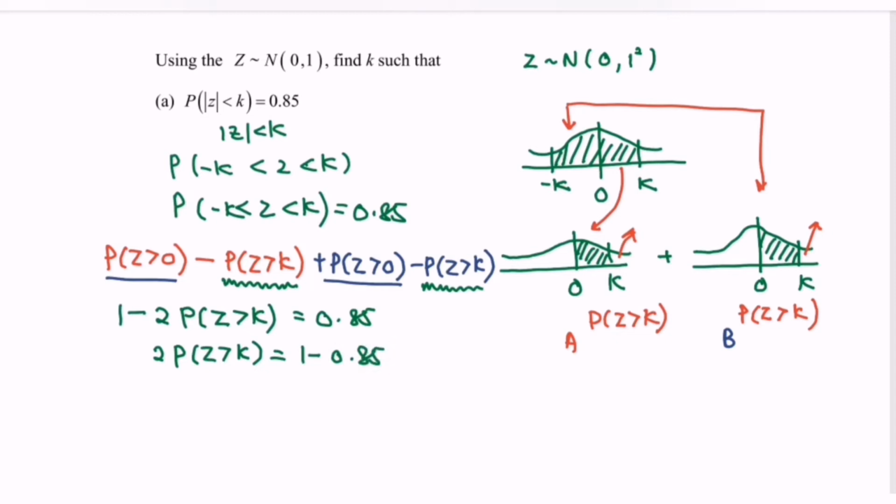If we simplify the situation, we will have 2 multiplied by the probability that Z is greater than K equals 0.15. So the probability that Z is greater than K equals 0.15 divided by 2, and we will have 0.075. So in order to find the value of Z, which is equal to K.